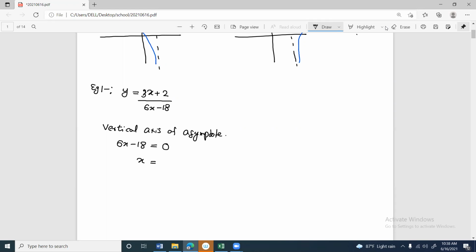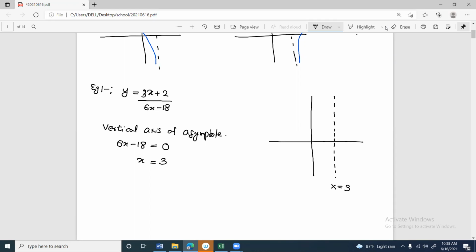So x equals 18 divided by 6, which turns out to be 3. So this is x equals 3, and we can start from here.